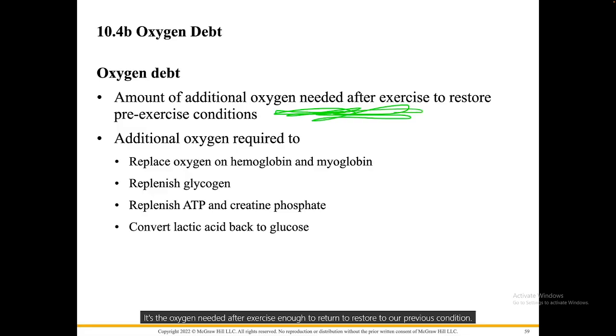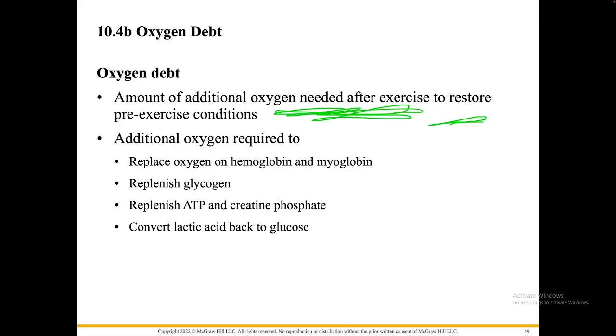It's the oxygen needed after exercise to restore us to our previous condition. If you've ever seen somebody just cross a finish line in a race, that's exactly what oxygen debt looks like. Also, when you're rushing to class because you had trouble parking and you're breathing a little harder, you have a little bit of oxygen debt.